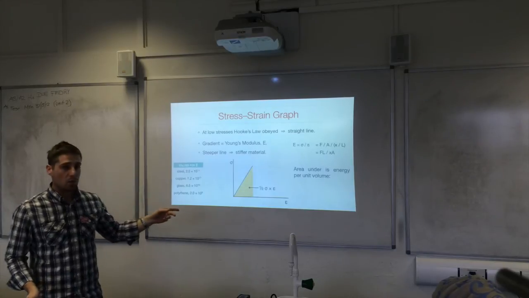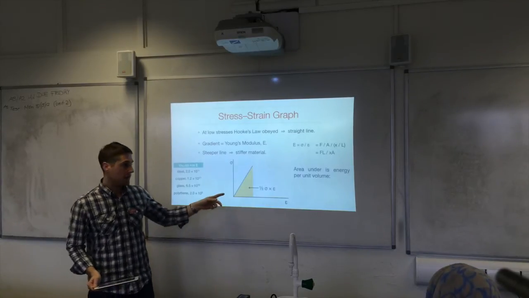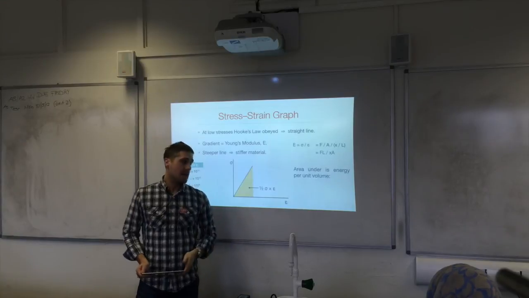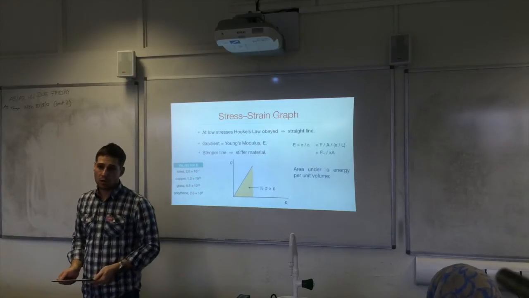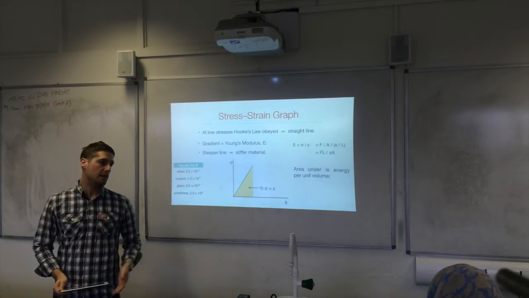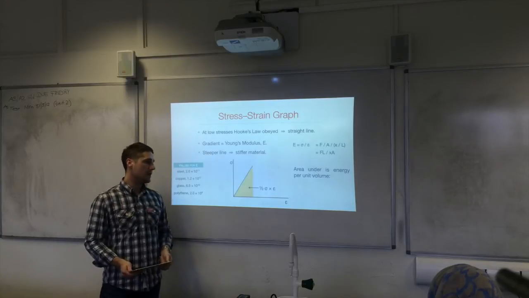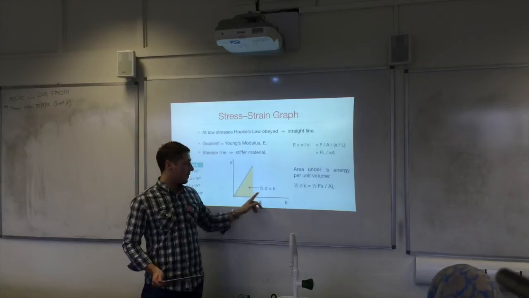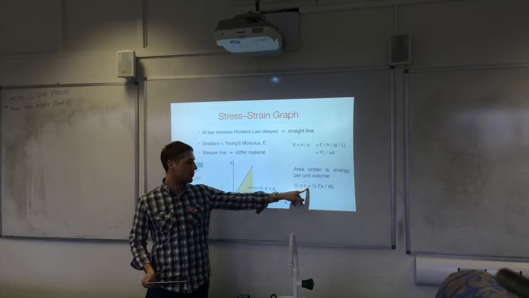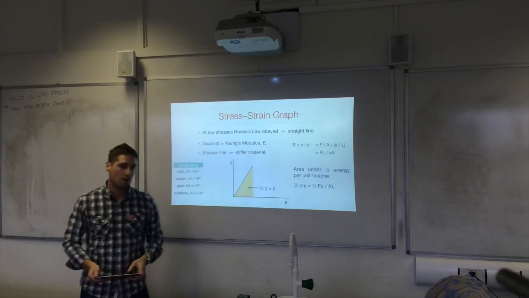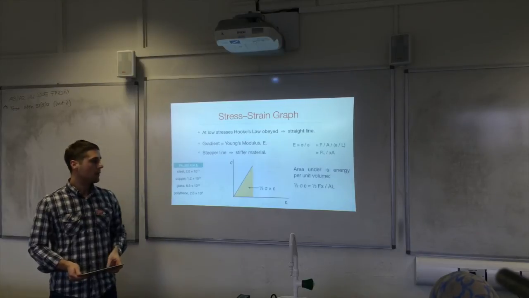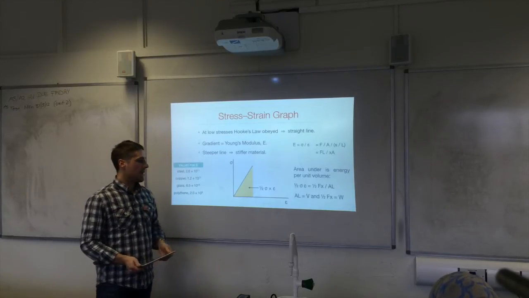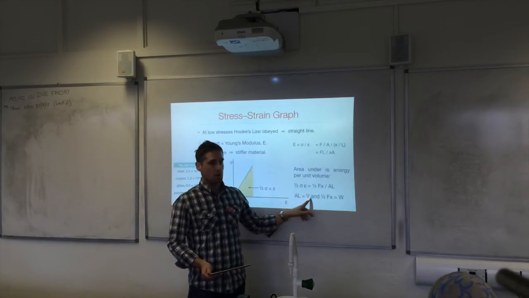If you wanted to know what the area under the graph is equal to, this is equal to the energy per unit volume. That is additional, you're not going to need to know that. The area here is half stress times strain, which is half Fx over AL. And AL is equal to the volume.